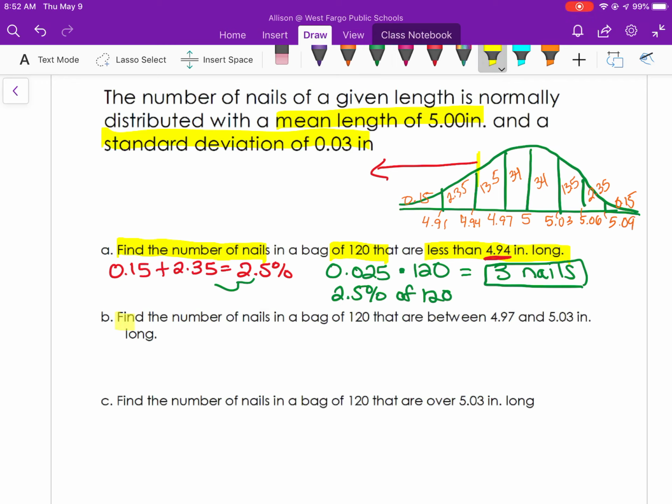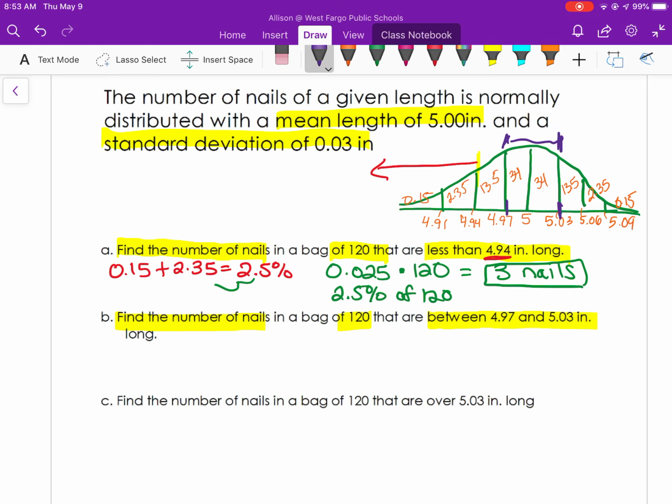This one also says find the number of nails. I have 120 nails again, but I want to know how many nails are between 4.97 and 5.03 inches. So the first thing I do is find 4.97 on my normal distribution, which is right here. 5.03 is right here. So that's right in the middle from here to here.